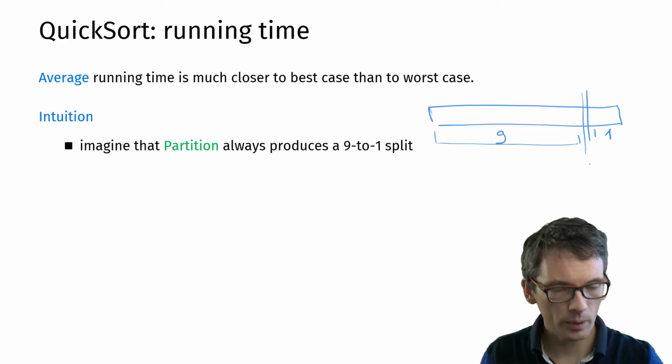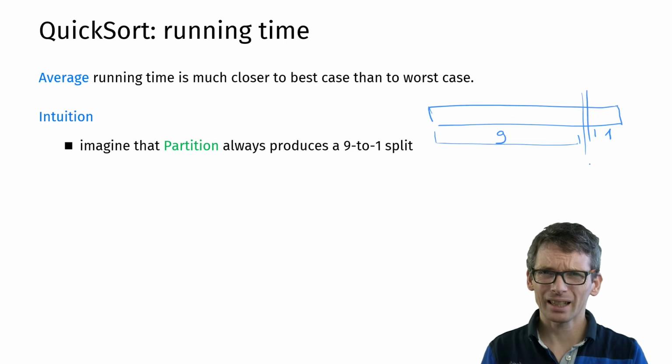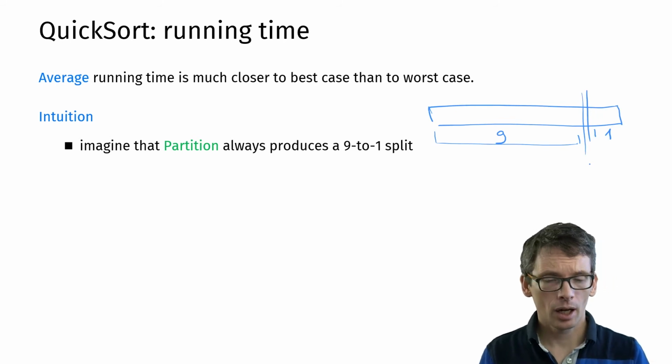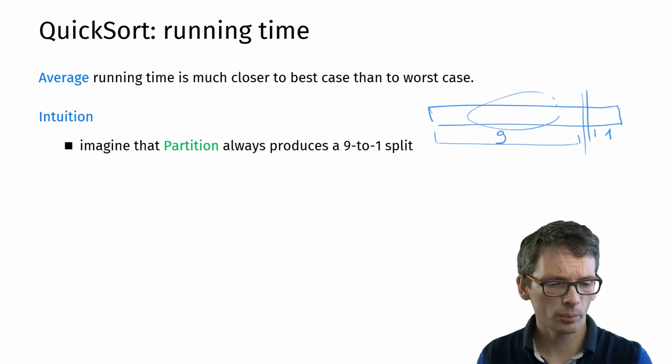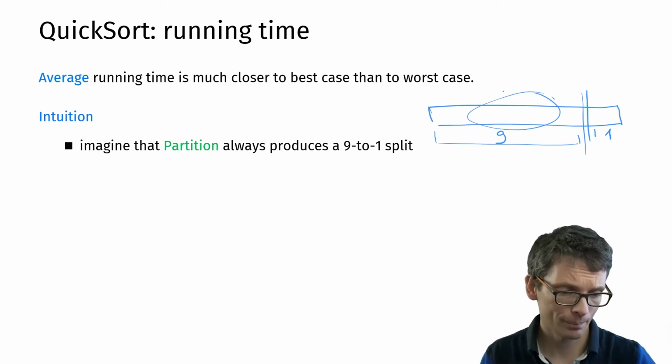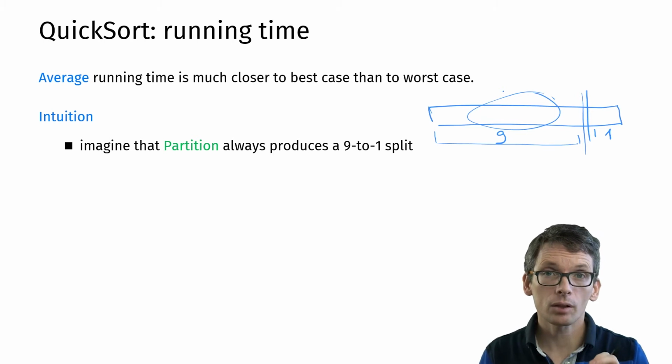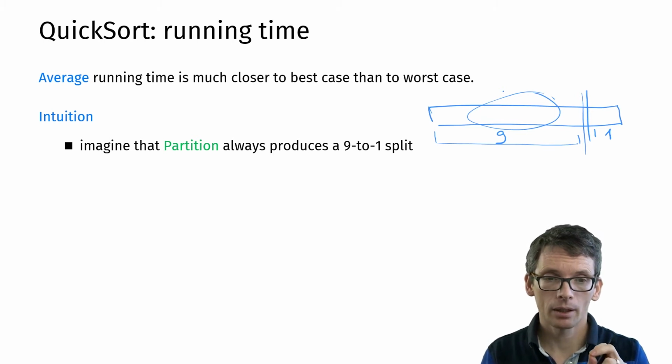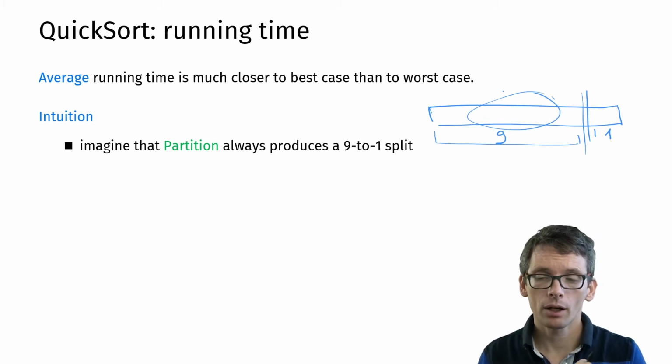Let's say we always split like this. This already looks like a bad case. You would hope that most of the splits are actually closer to the middle if I picked a random element.